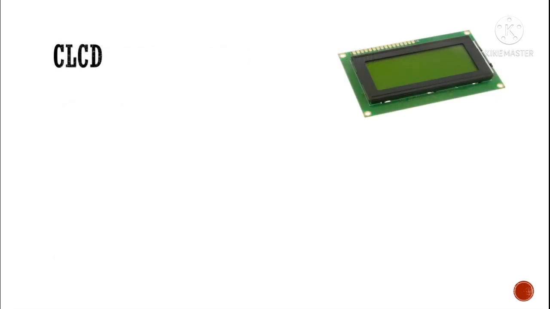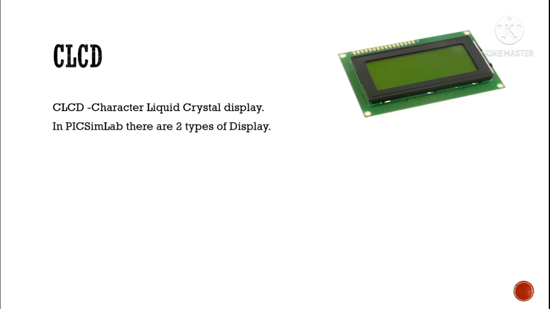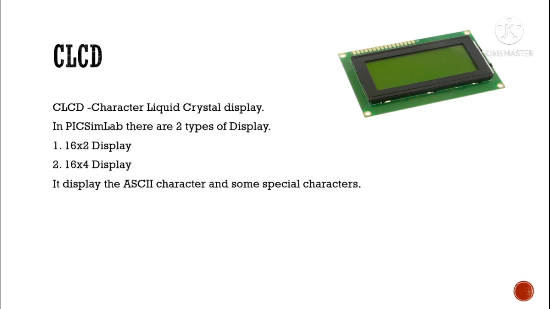Then we discuss the CLCD. CLCD is defined as a character liquid crystal display. In this display, there are two types: 16x2 display and 16x4 display.